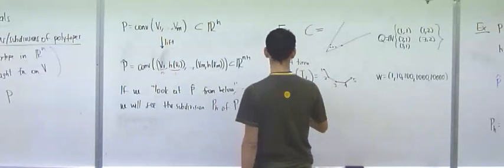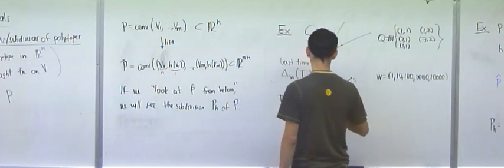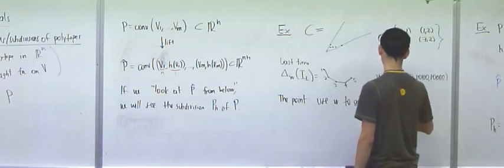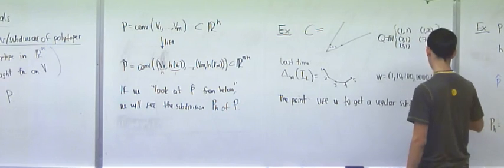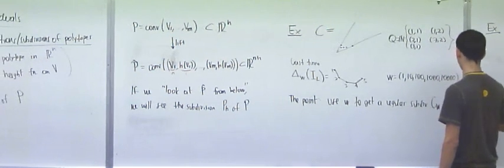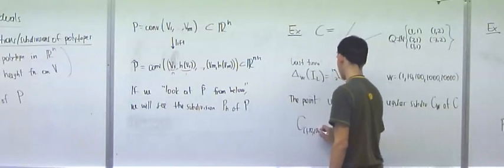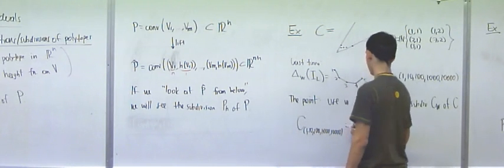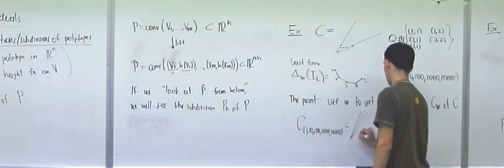So the point is that you are going to use W to get a regular subdivision, which I'm going to call C sub W of the cone C. And what I'm claiming is that in this example, what you see is folds along each one of these guys.